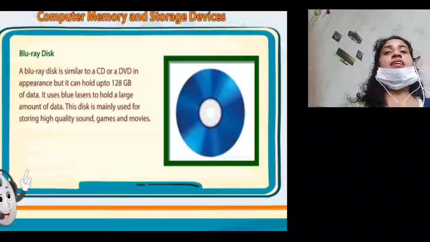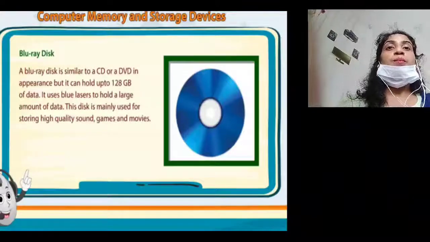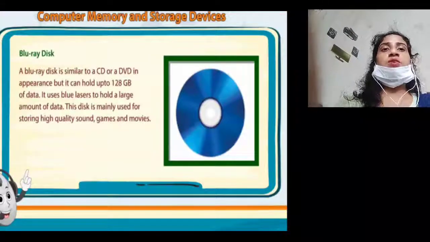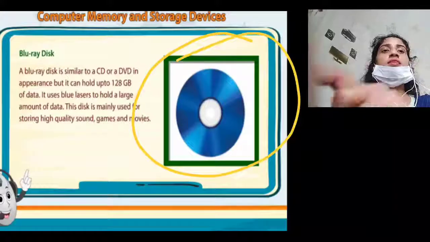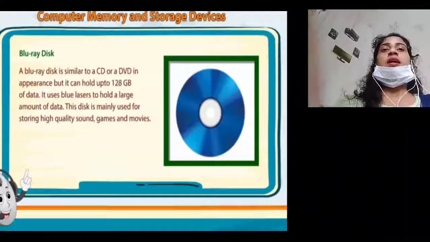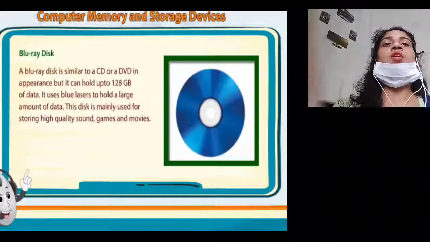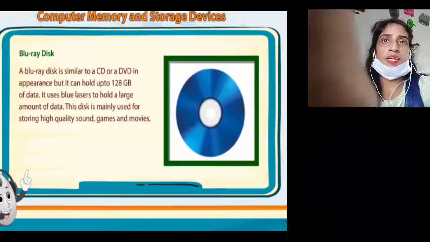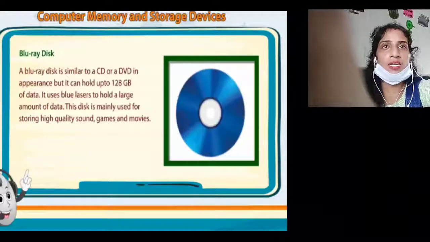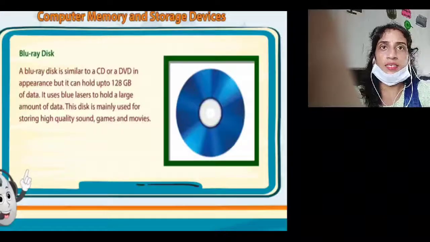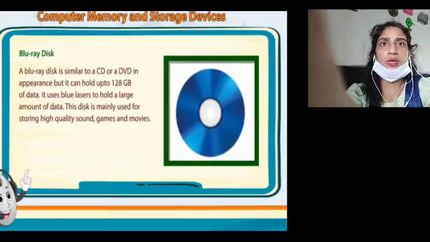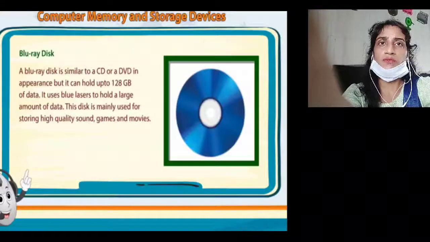The last secondary storage device is the Blu-ray disc. Have you seen this Blu-ray disc? This is the image of a Blu-ray disc. A Blu-ray disc is similar to a CD or a DVD in appearance, but it can hold up to 128 GB of data. It uses a blue laser to hold a large amount of data.